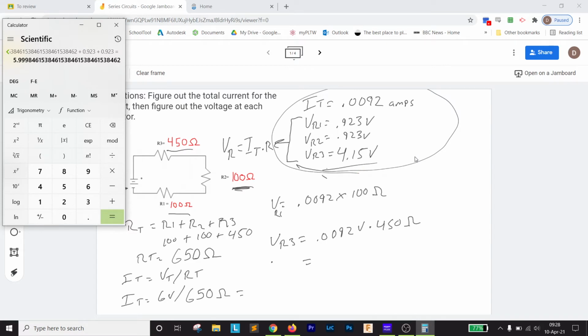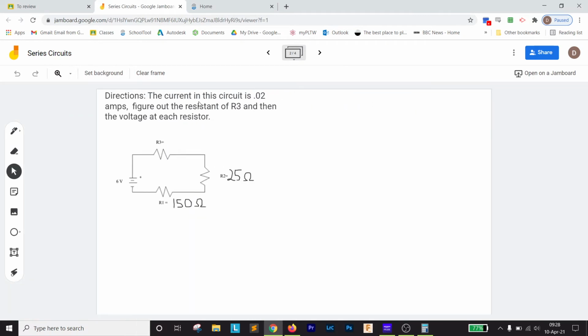So moving on to our next slide, the current in this circuit is 0.2. Now keep in mind, I changed mine. You guys had it as 0.2, but it's got to be 0.02 or this doesn't work. So keep that in mind. And we are looking for R3, and then our voltage drops.